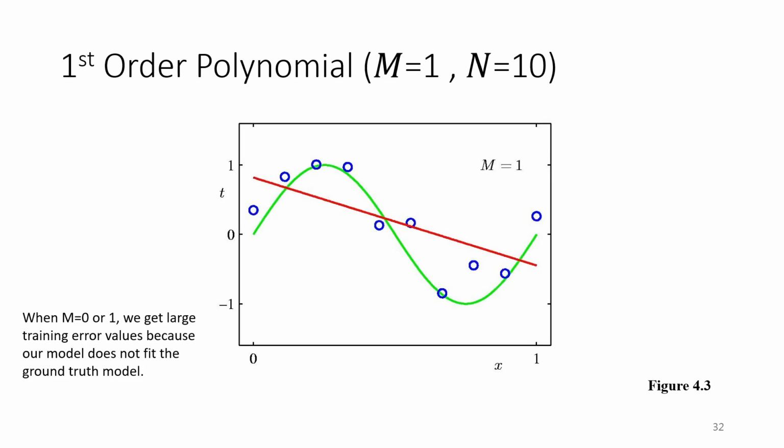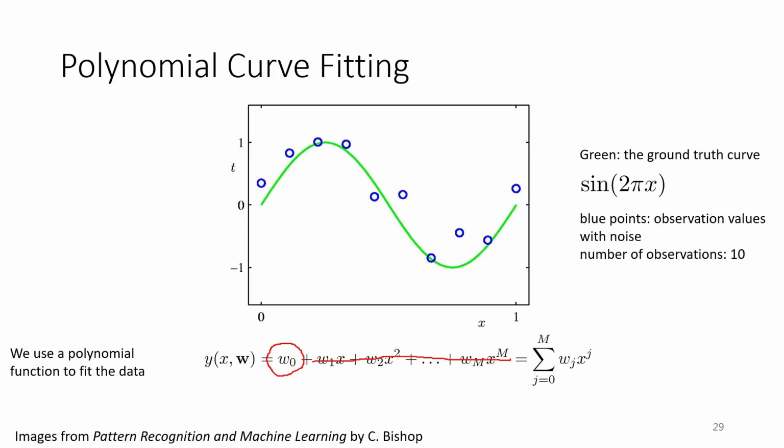And let's see, this is a first order polynomial, so it is a sloped line. Let's go back to the definition of the polynomial. We won't have this term because M is 1.